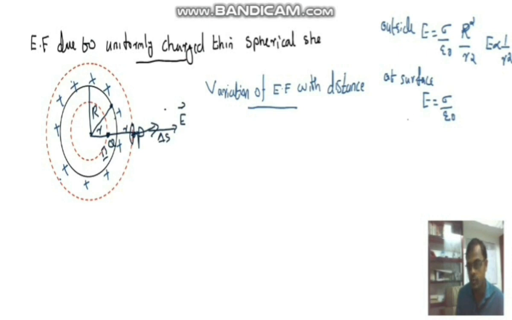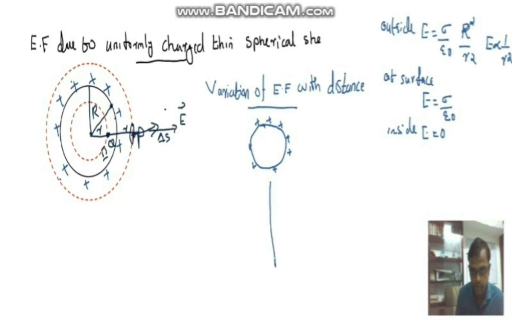It is maximum constantly. Now inside, electric field is equal to 0. Before drawing the graph, let me draw this same diagram here. The charges are distributed on this surface. This is just to identify it.